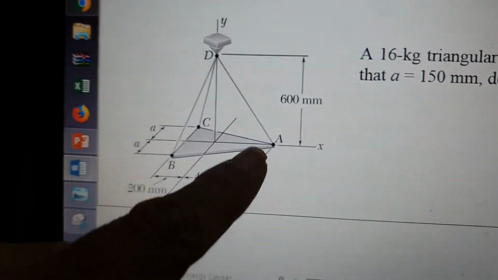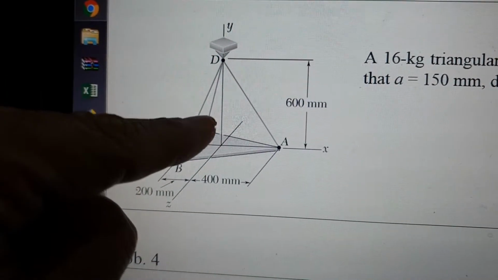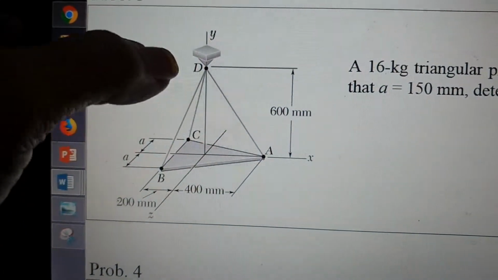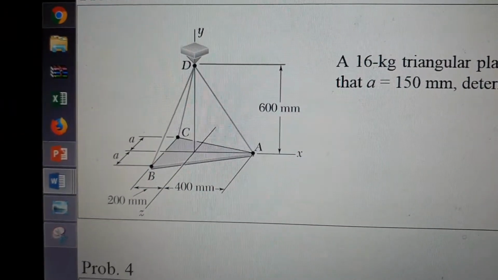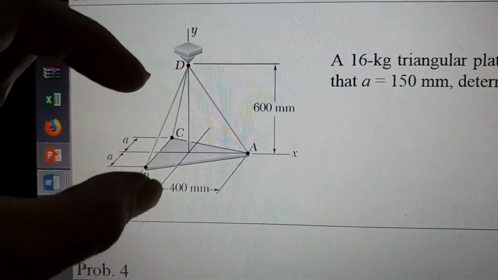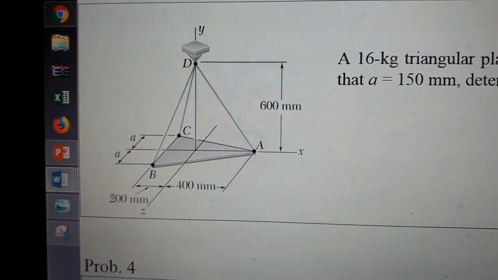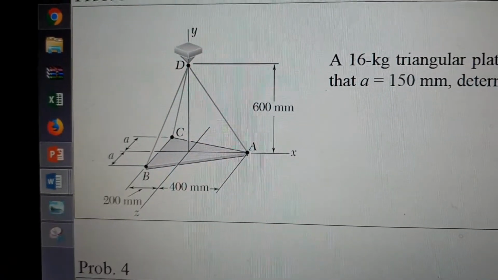If you go to the coordinate D, you can see it's in the y-axis, and that's 600. So that's going to be 0, 600, 0, because it's only in the y-axis. So 0, 600, 0.